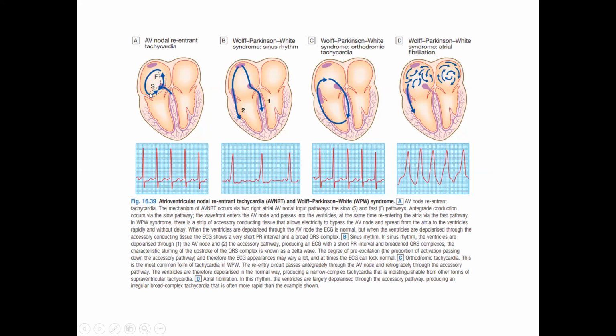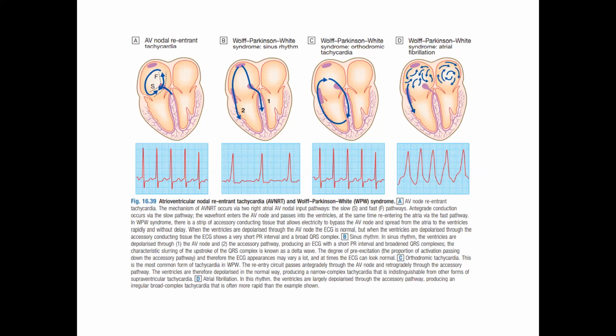But in Wolff-Parkinson-White syndrome, it is divided into 3 types. First is sinus rhythm, second is orthodromic tachycardia, and third is atrial fibrillation. In Wolff-Parkinson-White syndrome, this is the SA node, and the impulse will be traveling downwards in sinus rhythm.